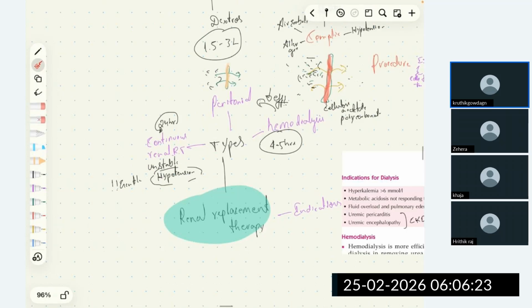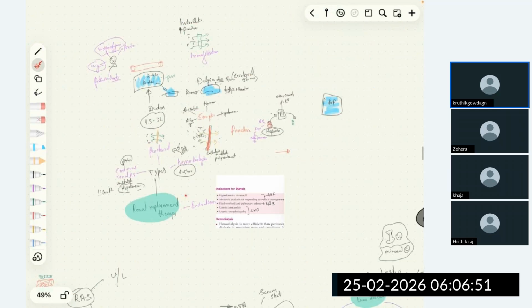So we do gentle dialysis. That is, we do dialysis slowly over time. That is the use of continuous renal replacement therapy: in unstable patients with hypotension, we do gentle dialysis for 24 hours. This is all about renal replacement therapy.